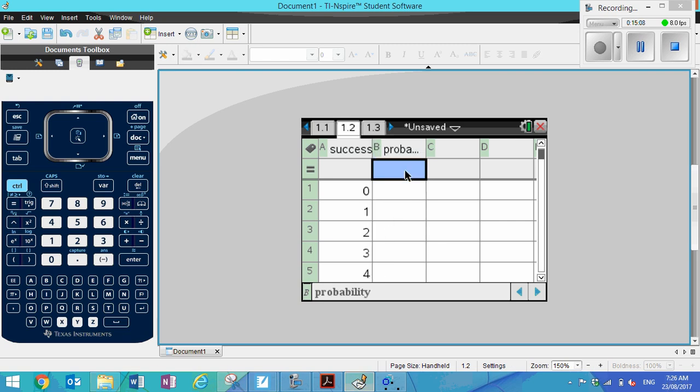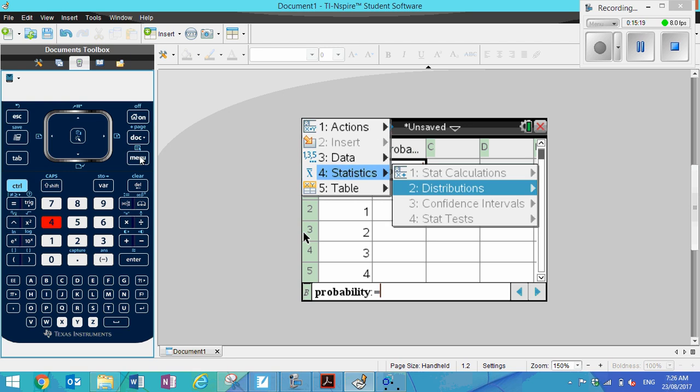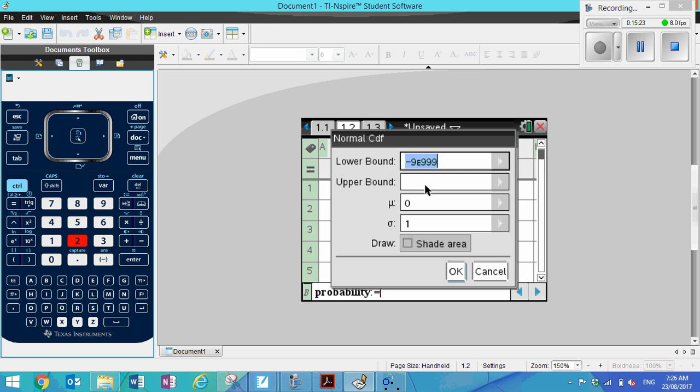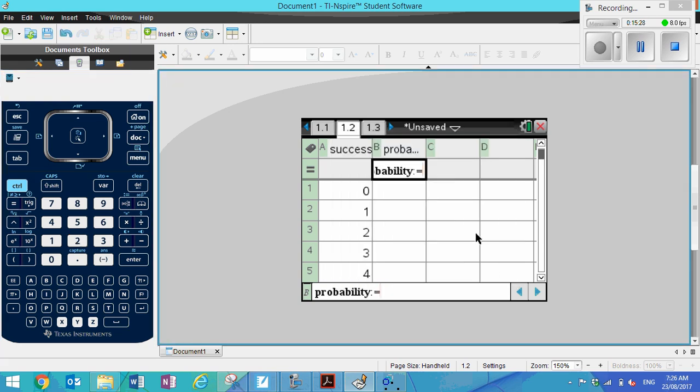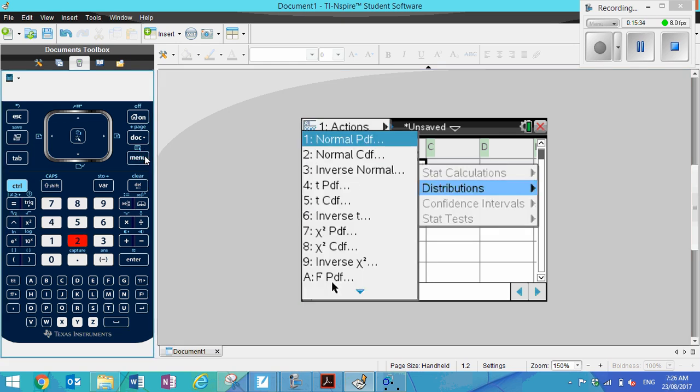So our probability here is going to equal, we're going to do a calculation. If we go to menu, option 4 for statistics, we're working with statistics, and we want to look at distributions, number 2. We don't want that one. Back again. So we want menu, 4 for statistics, 2 for distributions.